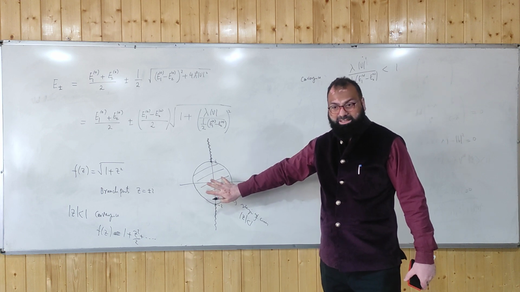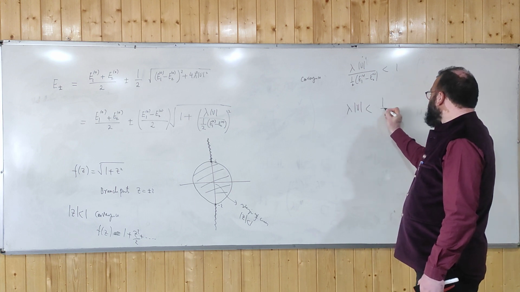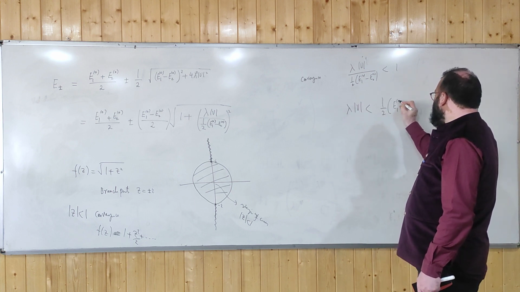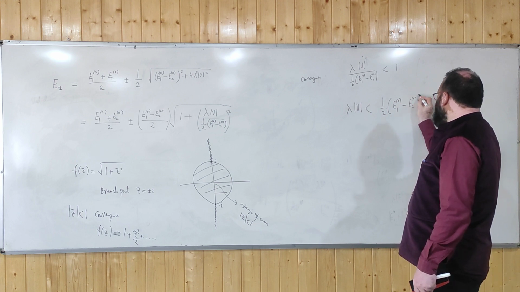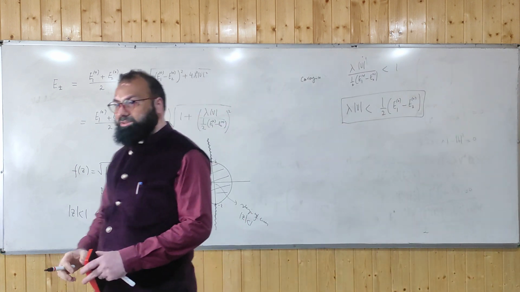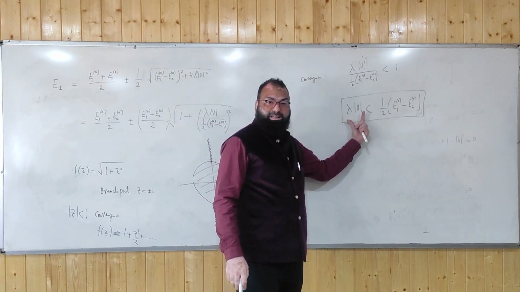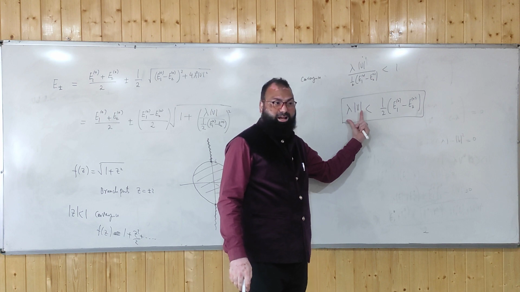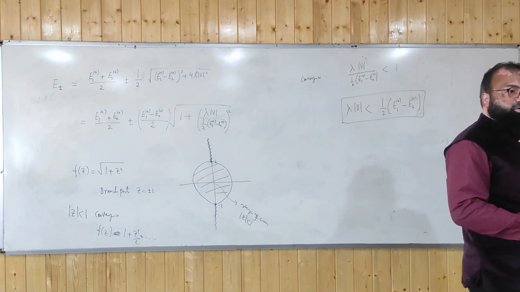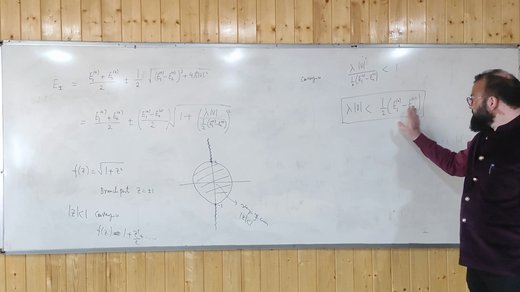So lambda times magnitude of v should be less than half of E1 naught minus E2 naught. If this condition is satisfied, then the perturbation theory is valid. This gives you the magnitude of how small this perturbation should be. Last time we only qualitatively said that the perturbation Hamiltonian should be small. Now we have quantified it for a two-level system, how small it should be. This is the smallness of the perturbation.